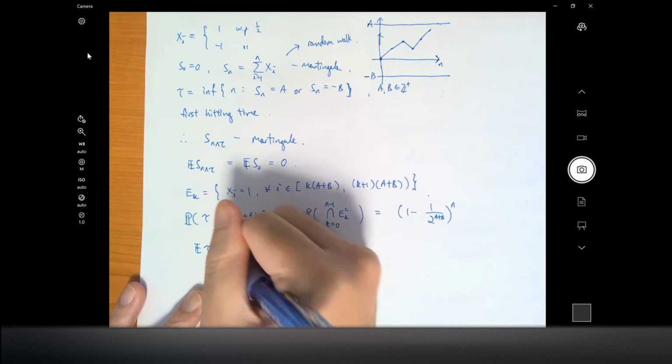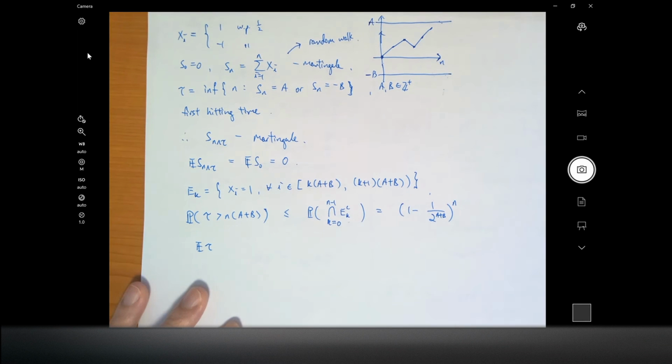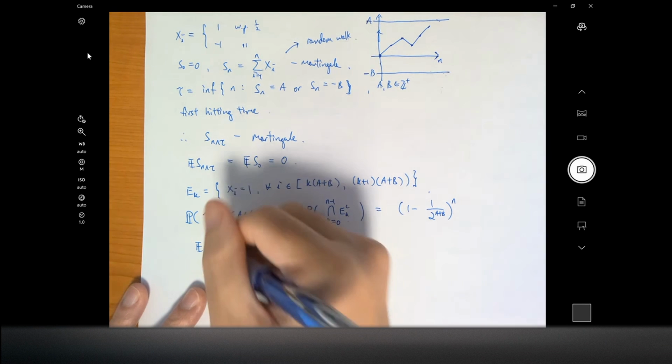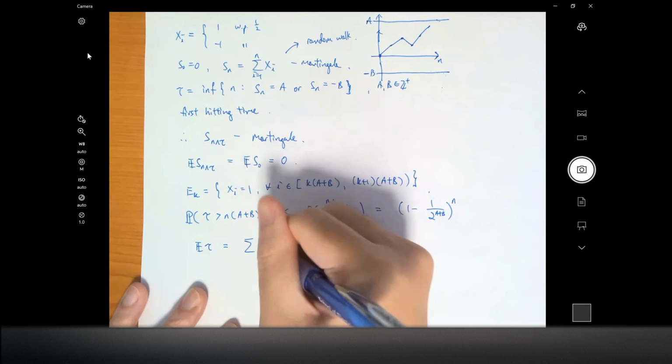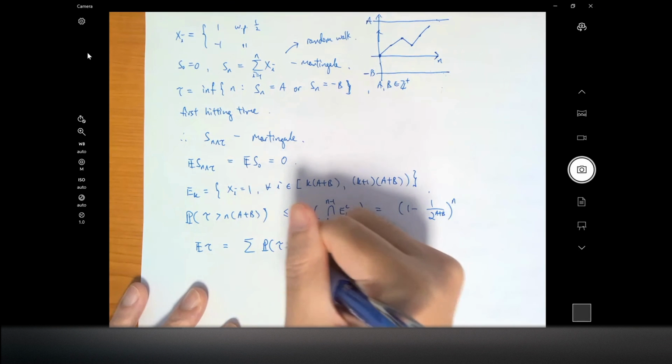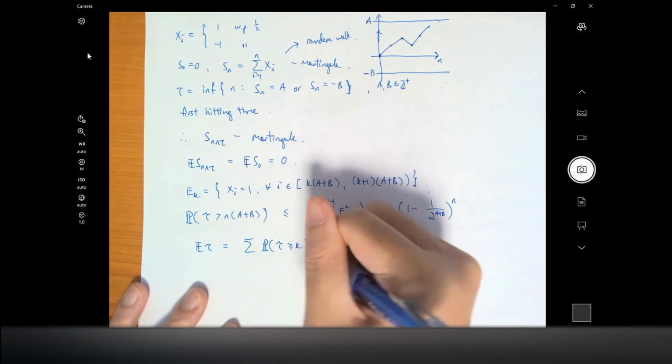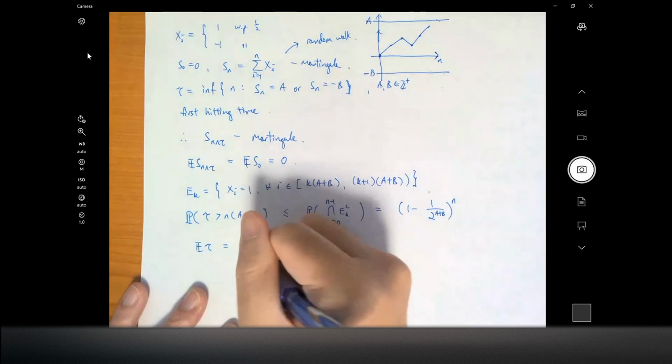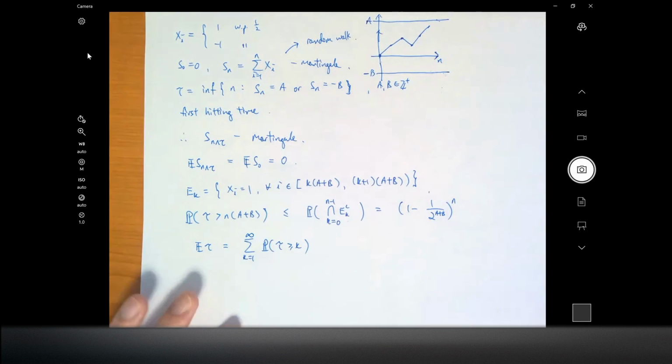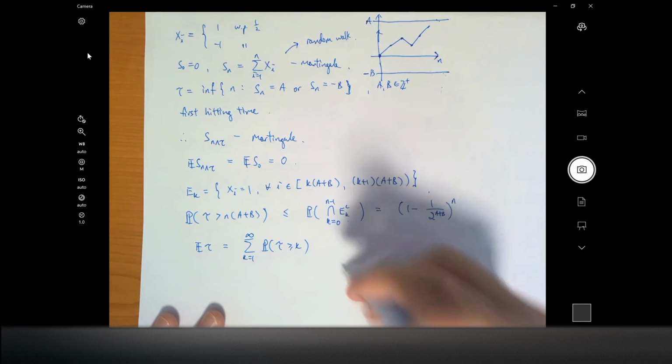So my expectation of tau, because tau is an integer-valued random variable, we saw before that we can write this as the sum of the probability of tau bigger than k. And then we can put in this bound over here.